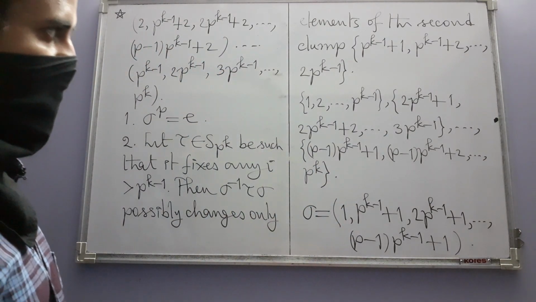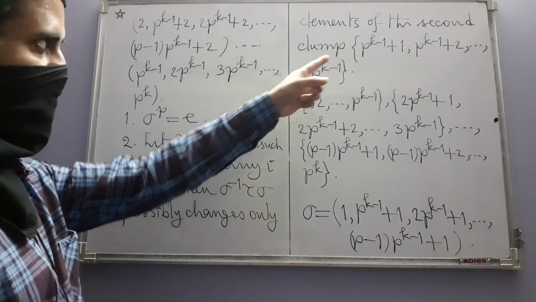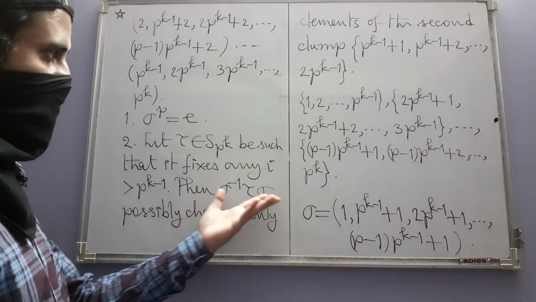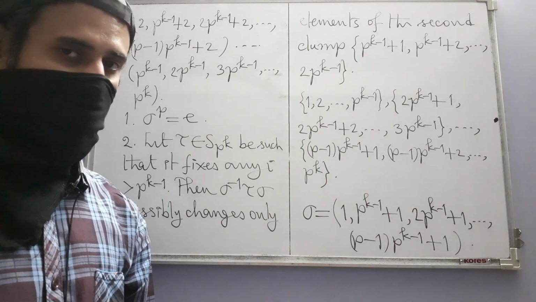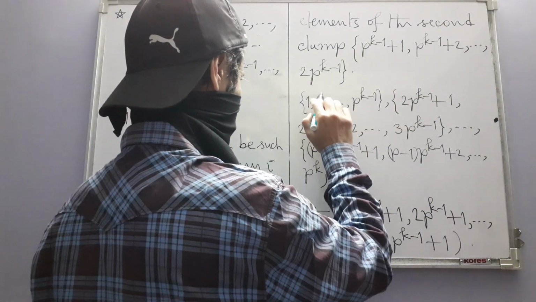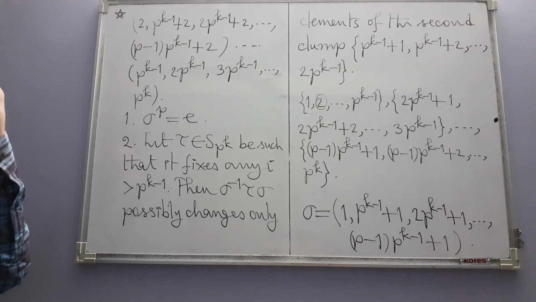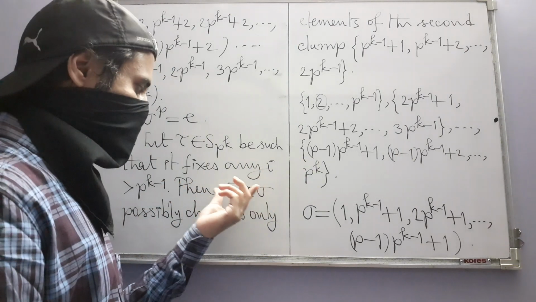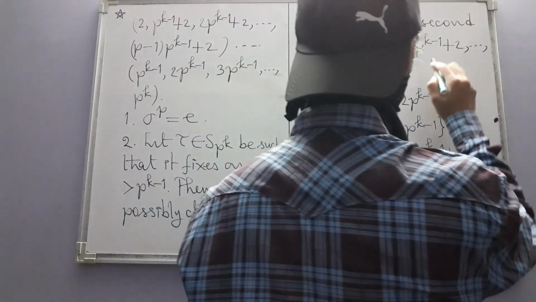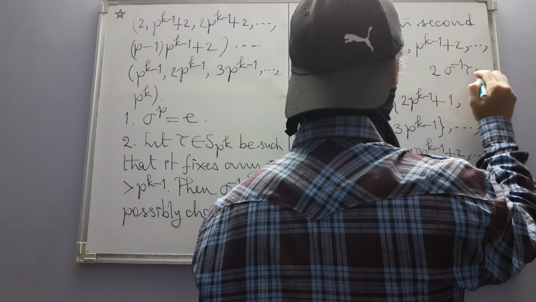Let us first see. What we are saying is that this changes only possibly the elements of the second clump. Why does it not change the elements of the first clump? Let us see first that. Let's arbitrarily choose any element of the first clump, say 2. To see what this is going to do to 2, we are now looking at this.